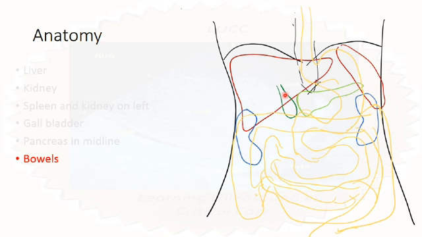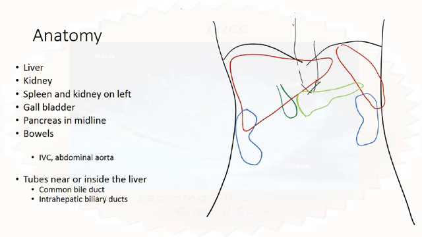When you have a lot of bowel gas, you really can't see much, and that's specifically true for the pancreas, which is a retroperitoneal midline organ, which means that if you have the stomach and the transverse colon full of gas, it's going to be very, very difficult for you to image the pancreas, which is just posterior to them.